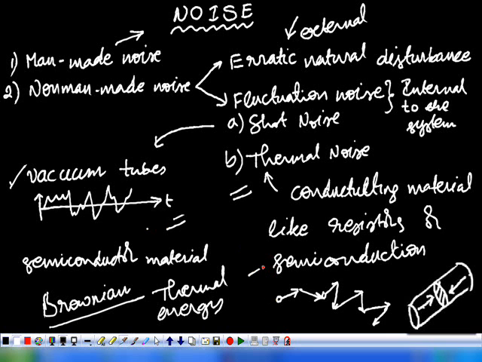Similarly, if you consider the semiconducting medium, we have two different types of particles, electrons and holes. Due to the random recombination of these charged particles, some noise will be generated. That noise is also called the thermal noise. Similarly, there is the diffusion of minority carriers.